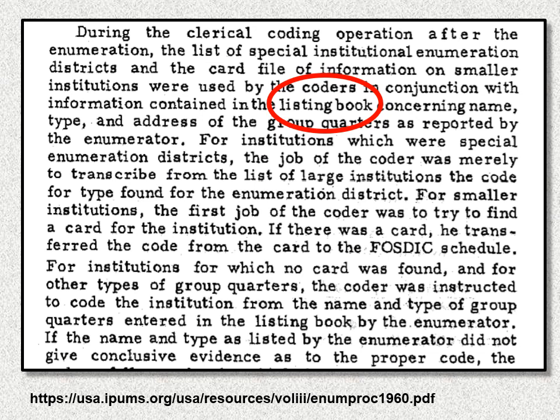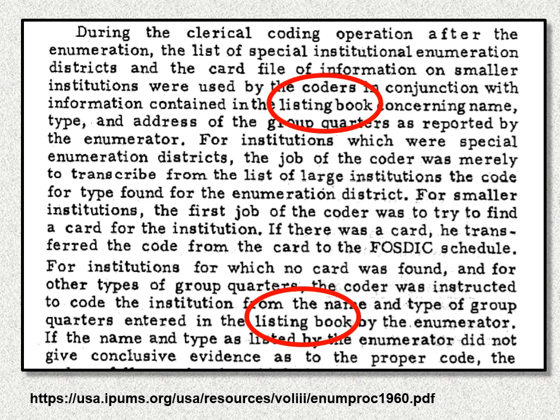We're not going to see the enumerator's listing book. It was used in both stage 1 and stage 2. And it goes on to say that for institutions for which no card was found which had a coding number, and for other types of group quarters, the coder was instructed to code the institution from the name and type of group quarters entered in the listing book by the enumerator.